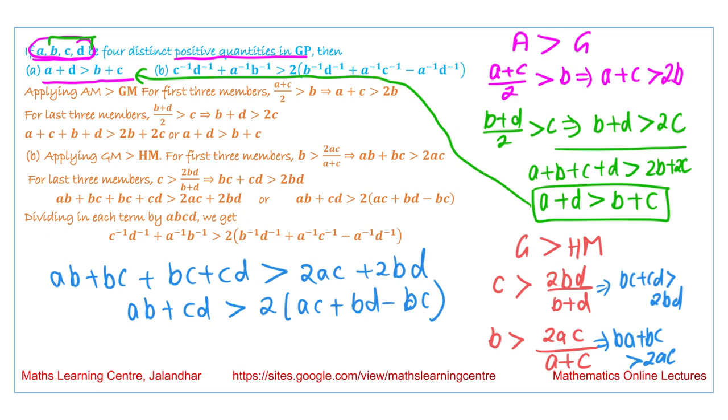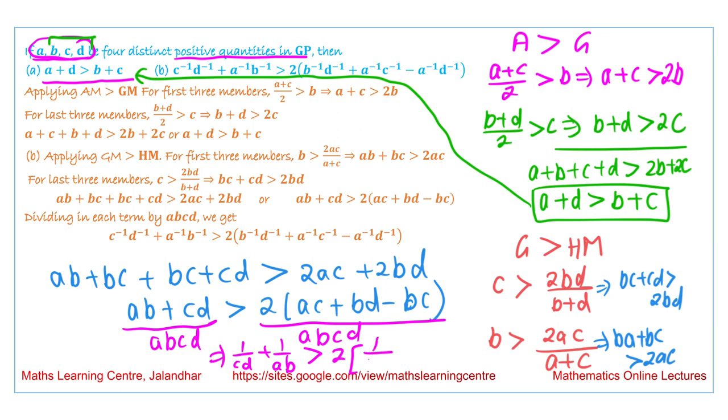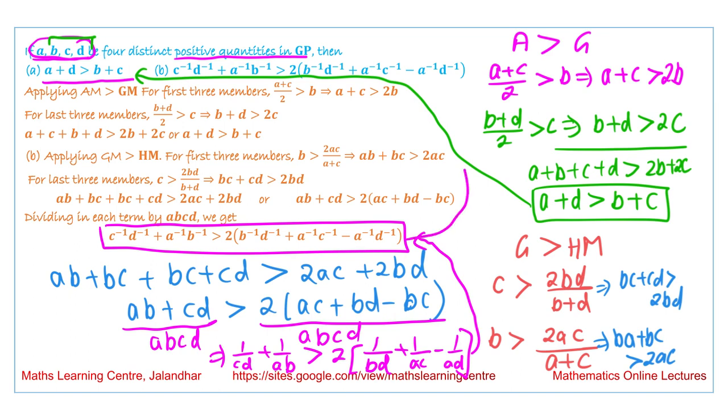Now if we divide the whole equation by ABCD, we obtain that 1 by CD plus 1 by AB is greater than 2 times (1 by BD plus 1 by AC minus 1 by AD). So this is the required result that we have to prove.